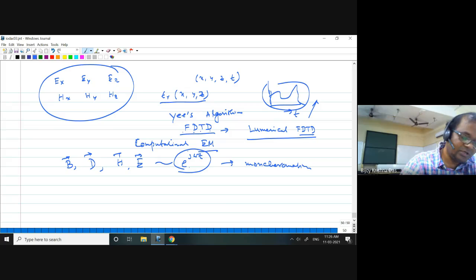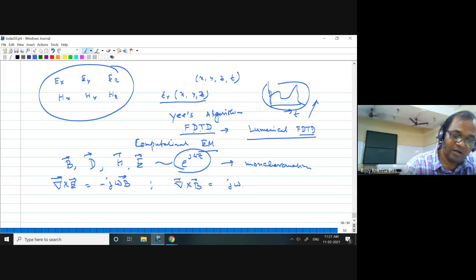So in that case, if we substitute in Maxwell's equations, we can directly write curl of E, the first equation, equal to minus j omega B. And another curl equation, curl of B, equal to j omega mu 0 D. Right?